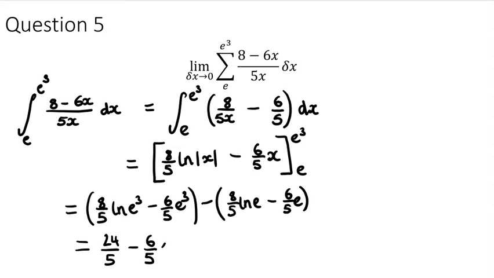Can't really do anything about the 6/5 of e cubed, we're just going to leave that exact. Natural log of e is just 1, so that would just be taken away at 8 over 5, and then minus 6/5 e be the following, and then I can just do 24 over 5, take away 8 over 5 to get 16 over 5 minus 6 over 5e cubed.